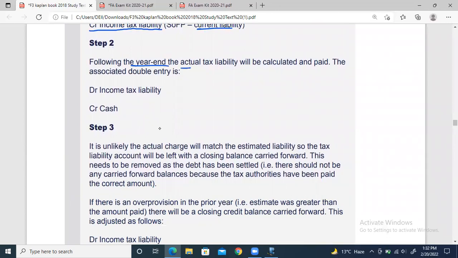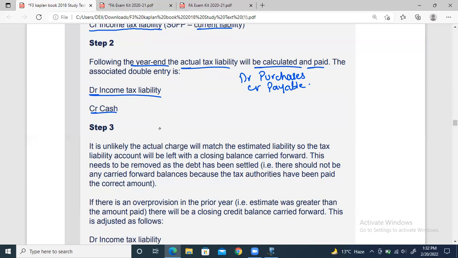Following the year end, the actual liability will be calculated and paid. So now the time has come for calculating the actual liability. Debit income tax liability, we finish the liability now and we actually pay the cash. It's the same as what we studied about purchases. First, we make an entry of debit purchases and credit payable, because right now no cash has been paid, only goods are received from the supplier.